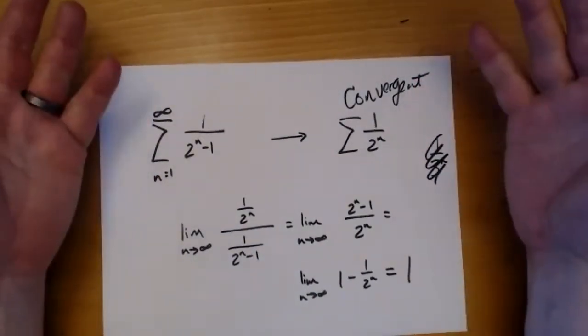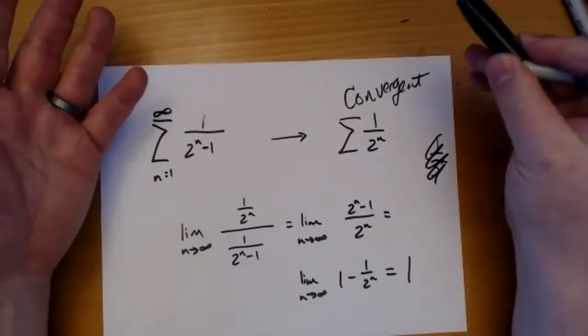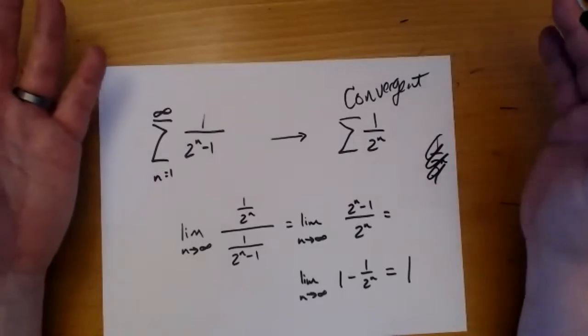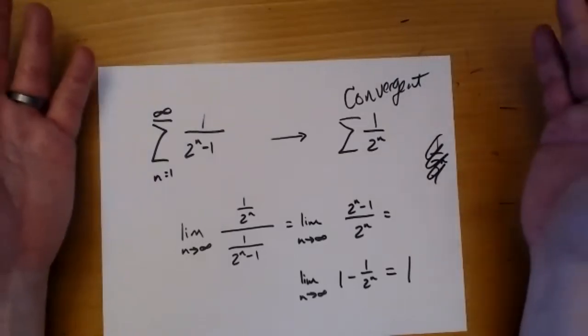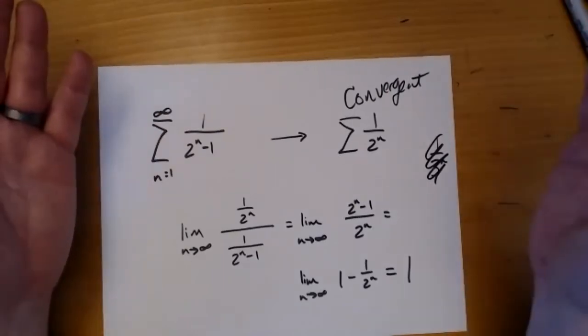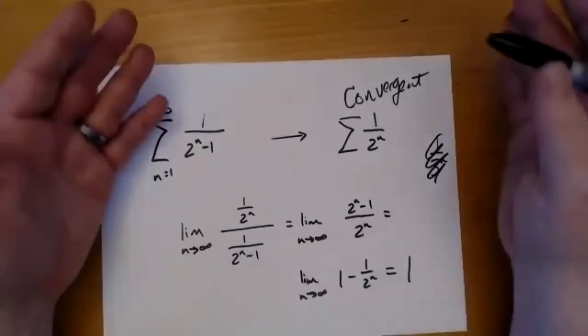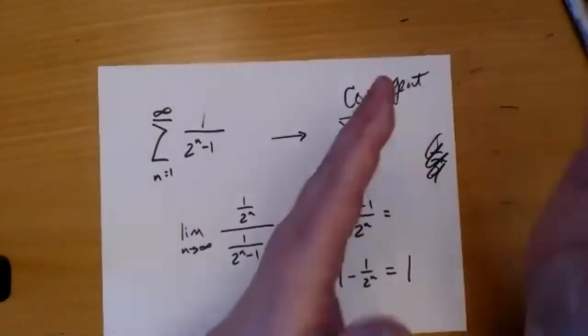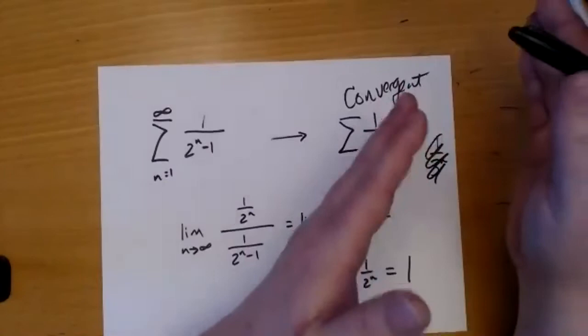Think about it like a race. You've got 2 rabbits on a racetrack. One of them gets a 10-foot head start. They're both going to finish the race 10 feet apart. They're going to behave identically.